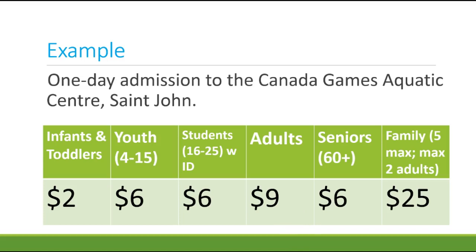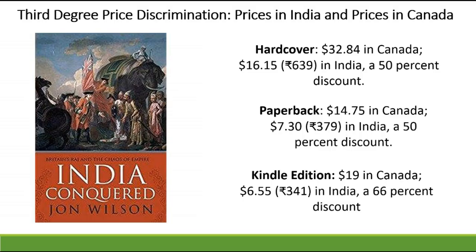Another kind of third-degree price discrimination is to divide the customers up according to where they live. So here's an example. If we just compare the prices of this book called India Conquered, A History of British India, we can see that the prices in India are quite a bit different from the prices in Canada.